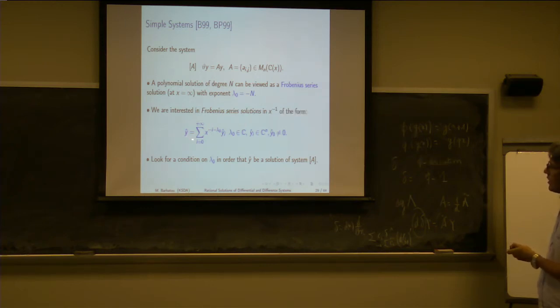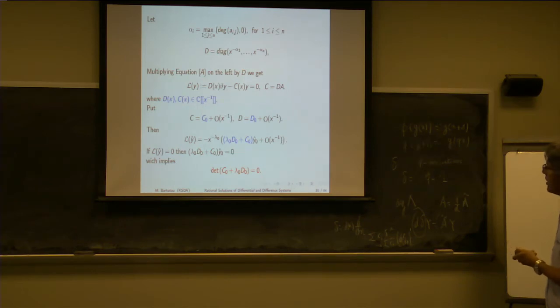So I'm seeking a local solution of my system here, which looks like this. Okay, so the y hat i's are constant vectors. Okay, y hat 0 is non-zero, and lambda 0 is to be determined. These are complex numbers, to be determined in order that this solves the equation.